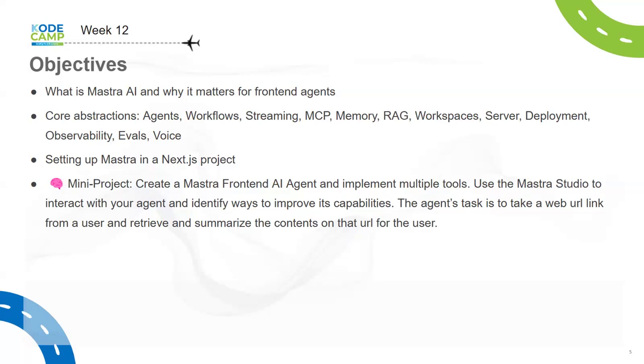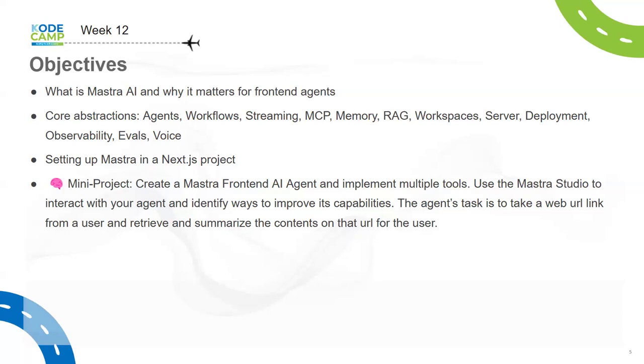So of course, Mastra is much more recent than LangChain. I think LangChain, this should be its fourth year, while Mastra is more or less in the second year of its existence and evolution. But we'll talk about that, and then we'll talk about core abstractions of Mastra.